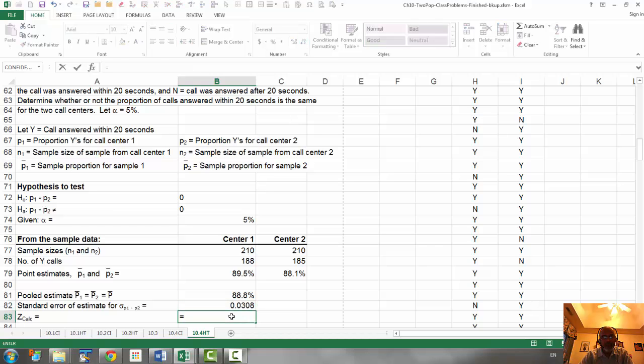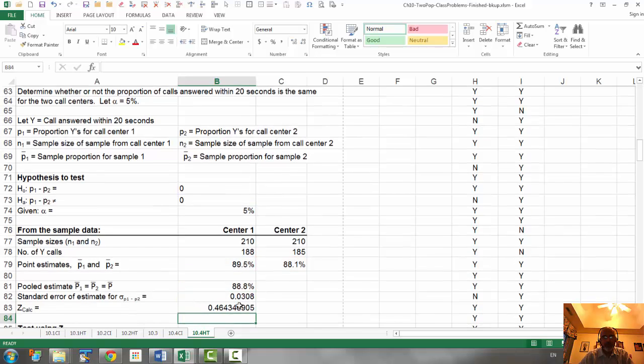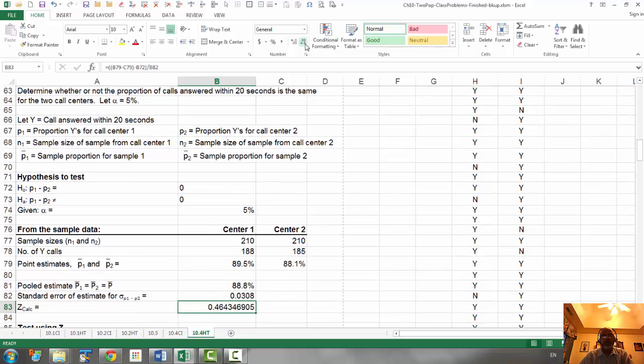And calculated Z value then is P bar sub 1 minus P bar sub 2 minus the hypothesized value, and we will go the bracket, so that's our numerator, divided by the standard error of estimate. So this is the calculated Z value.